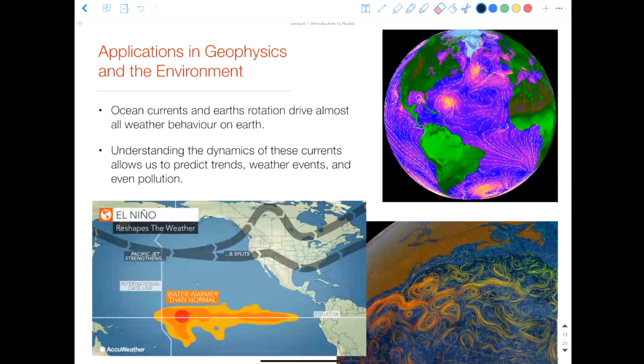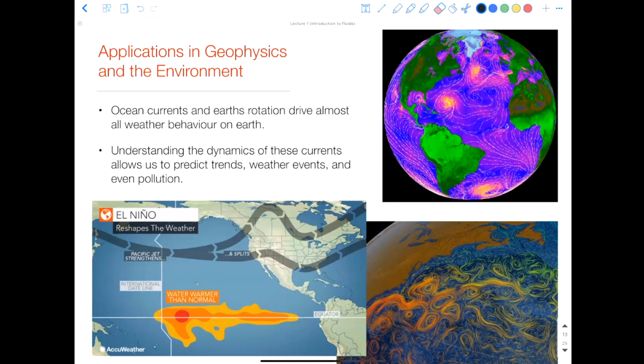If you've ever been to Calgary during an El Nino, it could be January and 25 degrees out. It just seems unusual, but because it's a phenomenon that's not too unusual for there, they're used to that. Now we have an understanding of what causes this, and through fluid mechanics simulations, we might be able to predict these things happening before they happen.